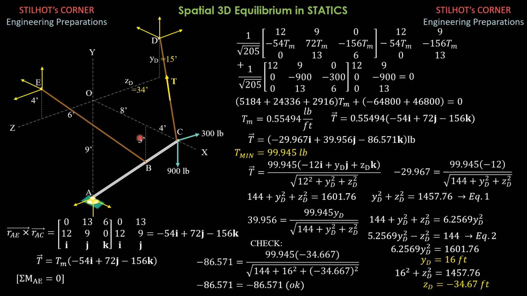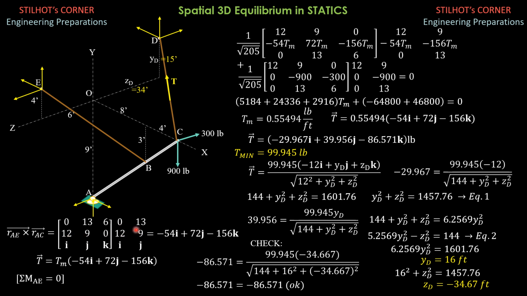So RAE cross RAC, which is now here. Take note that RAE is 13J, 0 along X, and positive 6K. So 0, 13, 6. While RAC is 12I, 9J. So 12, 9, then 0K.